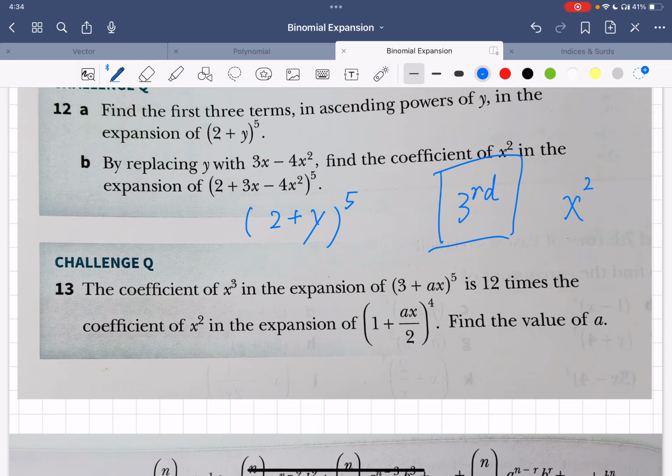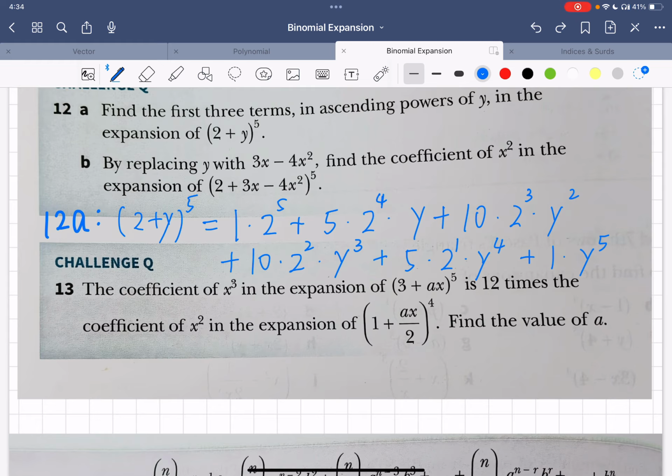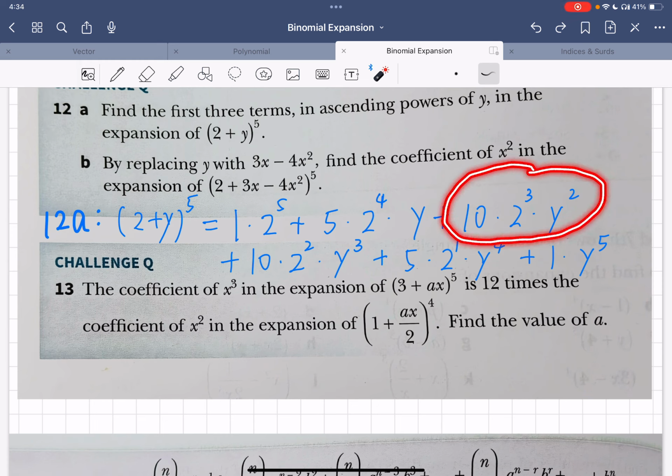No, absolutely not. Let's go back to question A's answer. So here is question A's answer. Let's find out. For a single term y, actually this term is y to the power 2, right? So that should be what we are looking for. However, pay close attention here.